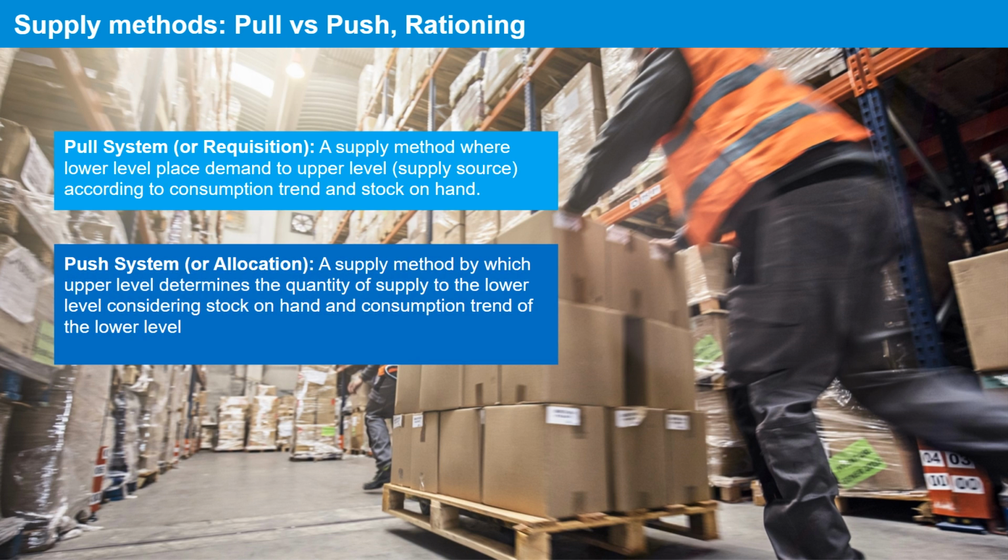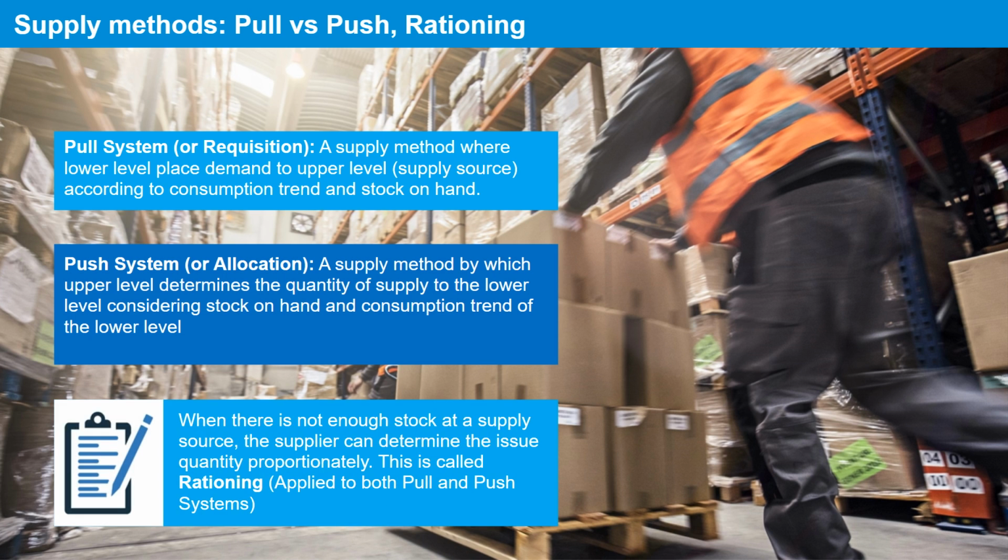Push or allocation system is a supply method by which the upper level determines the quantity of supply to the lower level considering stock and consumption trend of the lower level. Note that when there is not enough stock at a supply source, the supplier can determine the issue quantity proportionately, and this is called rationing. This can be applied to both pull and push systems.